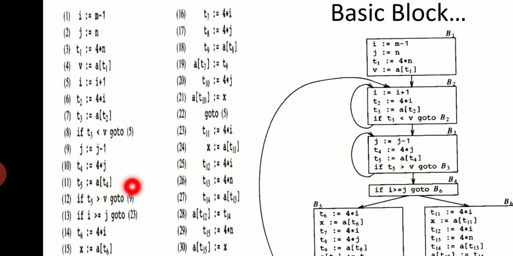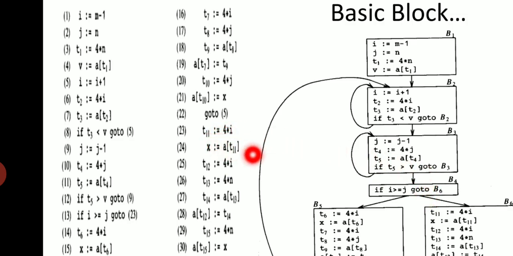Also, the basic block consists of only that particular statement, because it includes a go-to of 23. That means that 23, T11 = 4 * i, and so on, will form another block.